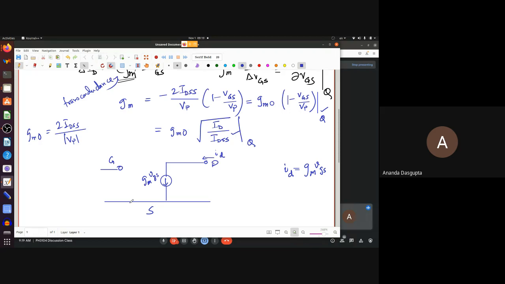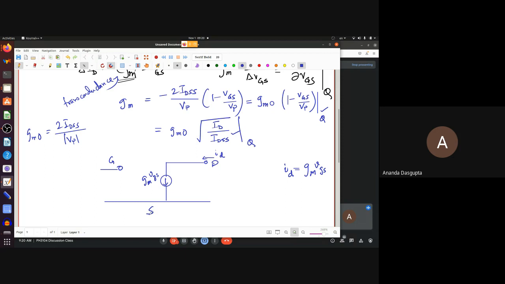Now, this is something which you have seen throughout in the z, y, and h parameter models. Whenever you have a current somewhere which is controlled by voltage somewhere else, or a voltage somewhere which is controlled by current somewhere else, you would need a controlled source. So this would be my very first model for a FET, a very, very simple model.